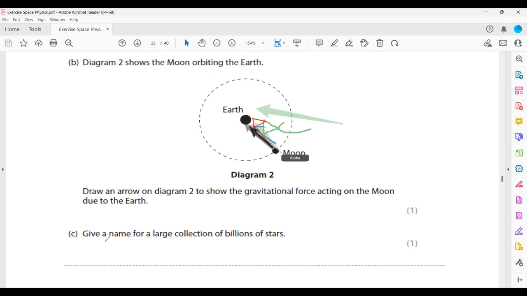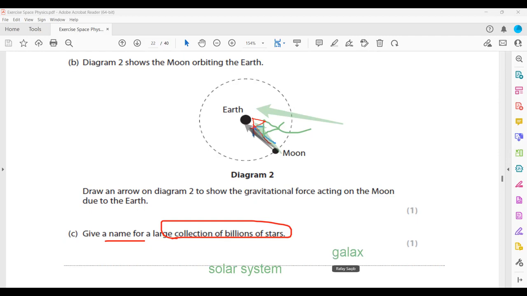The next is: give the name of a large collection of billions of stars. What do we call it when we have billions of stars together? That's called a galaxy.